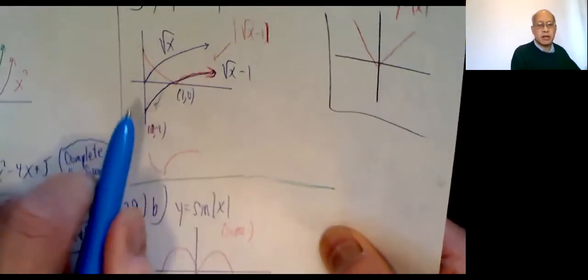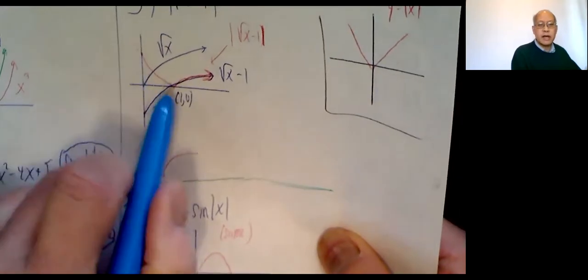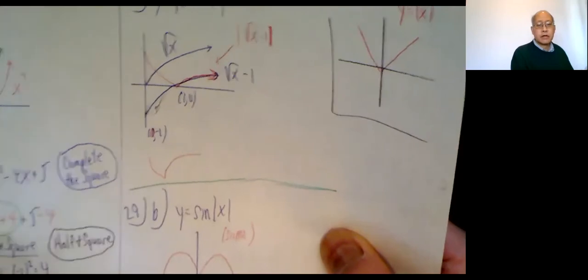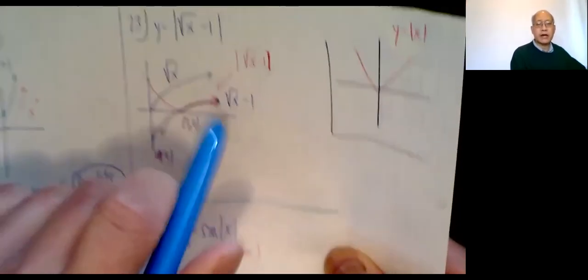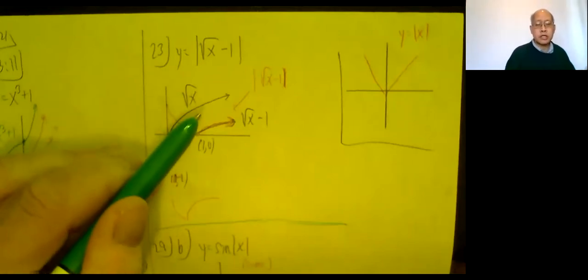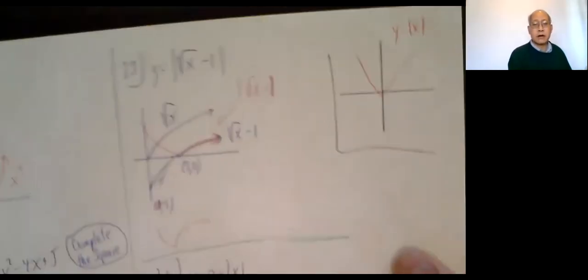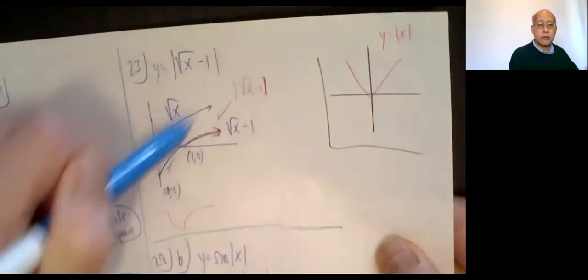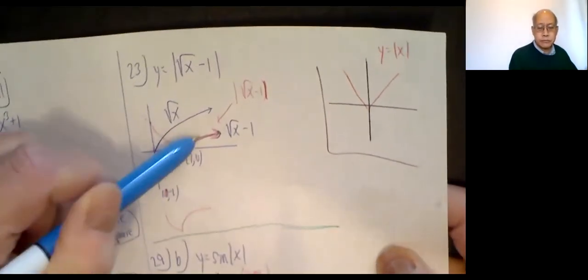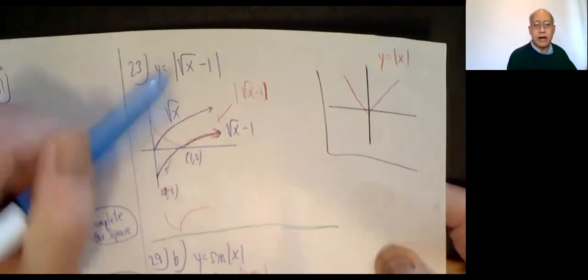Because I got so many things here, I thought I'd just redraw it again. So the red is the actual graph. So this finally is the graph of absolute value radical x minus 1. Can you show me such a progression like that on a quiz or exam? Start with square root of x, go down 1 unit, then absolute value.